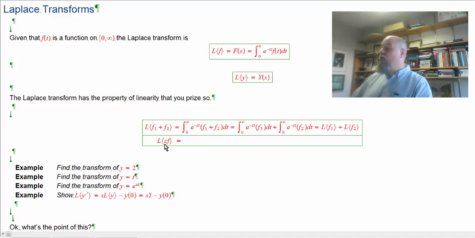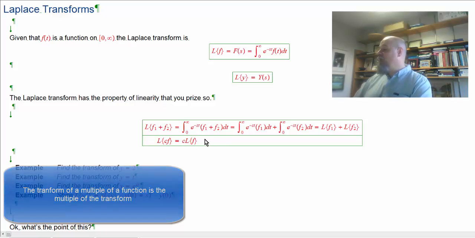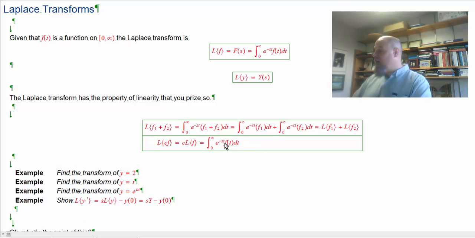Also, a constant can come outside. So what I'm trying to prove here is that the transform of c times a function is just equal to c times the transform of that function. Well, that makes sense, because if I were to take my transform of a function, I just pop it in here, so there would be a c, and it's a constant, and this definition is just a regular integration.